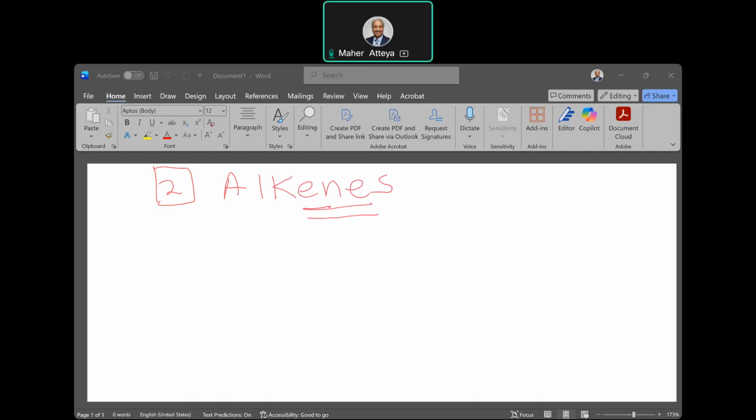It's very important to know the number of carbon atoms which establish the whole long chain, and you have to locate the double bond. The location of the double bond has to be designated by a number. So suppose I have something like this: CH3, CH, then CH, CH3. I can go left or right. Let's add more.